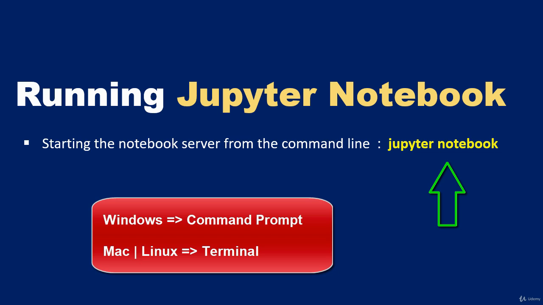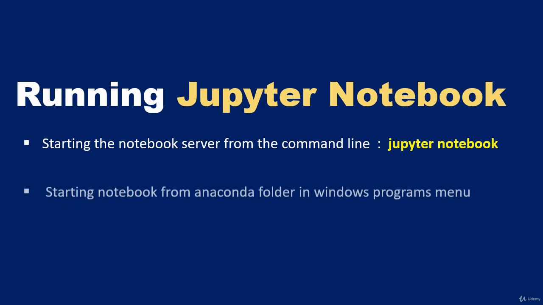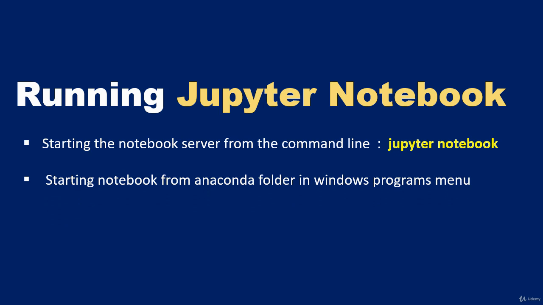the Jupyter server. The other way to start the Jupyter Notebook server is from the All Programs menu in your Windows-based computer. If you go to the Anaconda folder within the All Programs, there should be an icon there for Jupyter Notebook. You can run it from there as well.